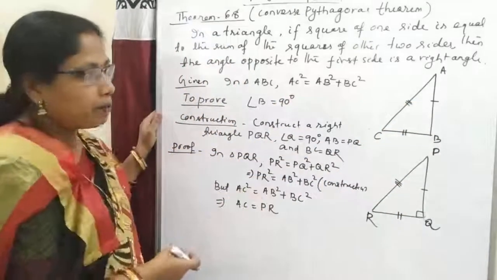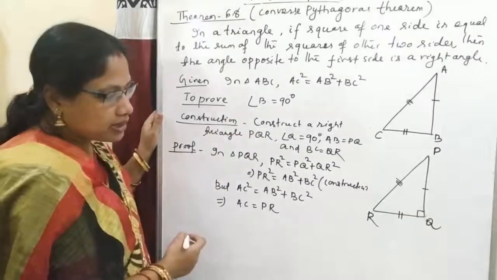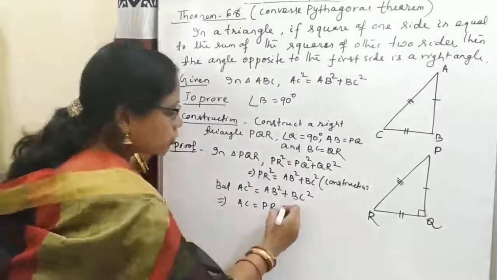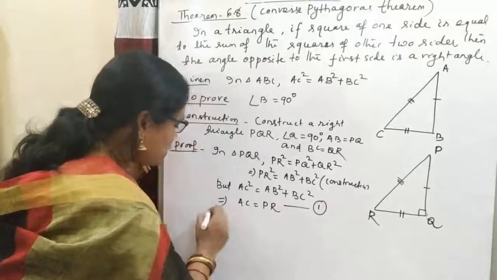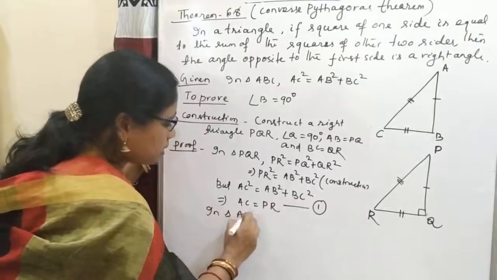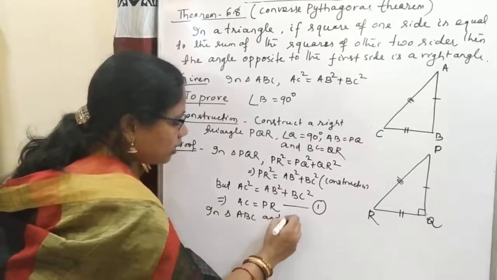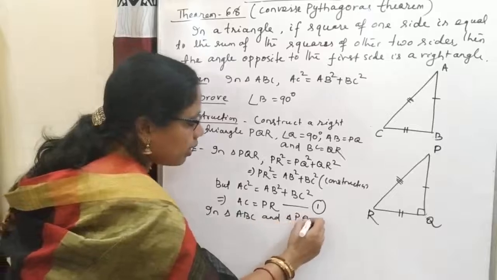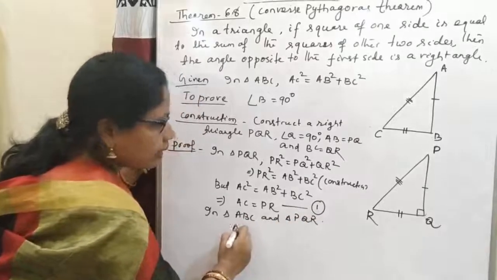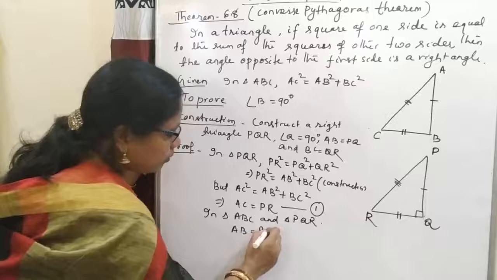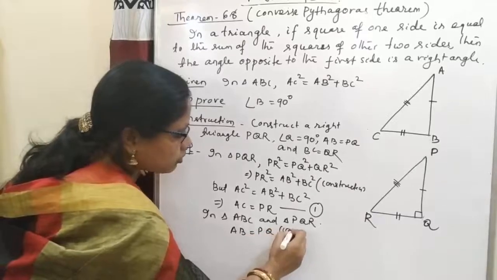So now we compare the two triangles ABC and PQR. Let this be 1. So in triangle ABC and triangle PQR, AB is equal to PQ by our construction.